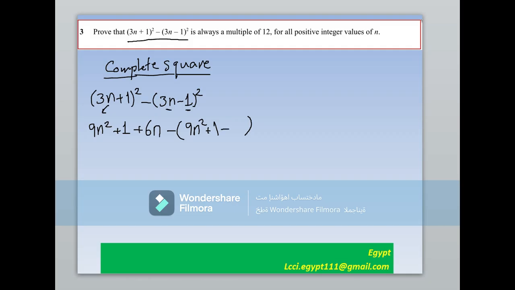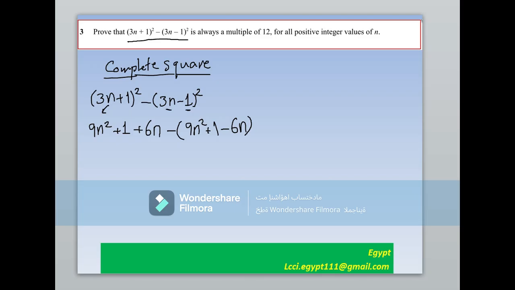This sign, please conserve this sign. The first times second times 2, 6n, don't forget.